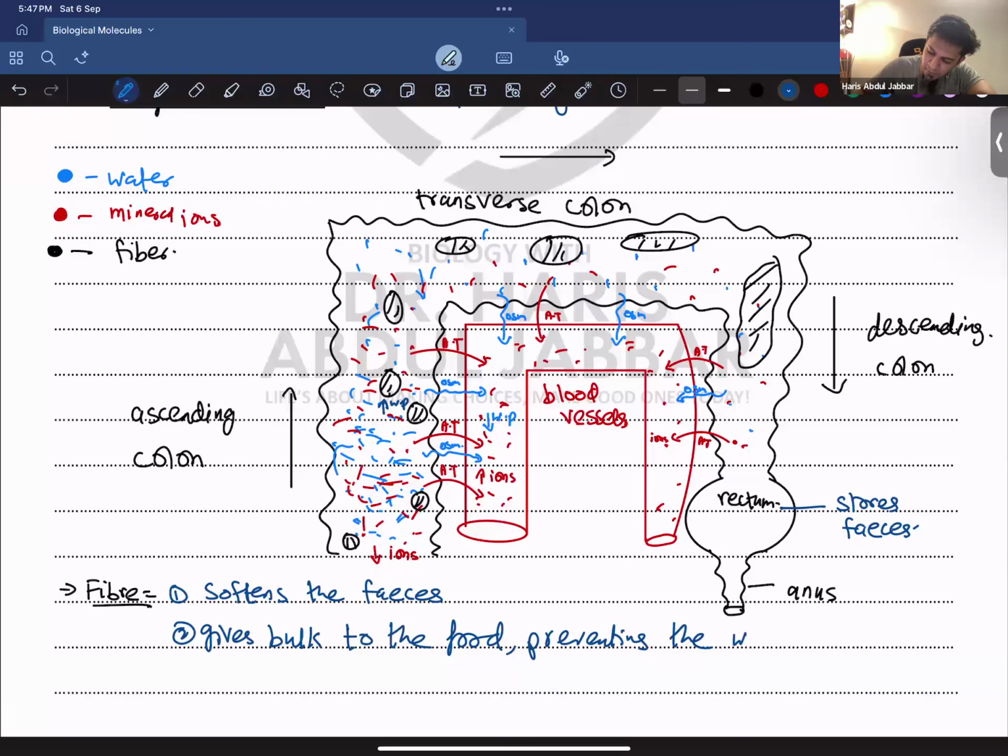Preventing the walls of large intestines from sticking to each other, right? Let me give an example. अब इसकी what do I mean by preventing the large intestines from sticking with each other?